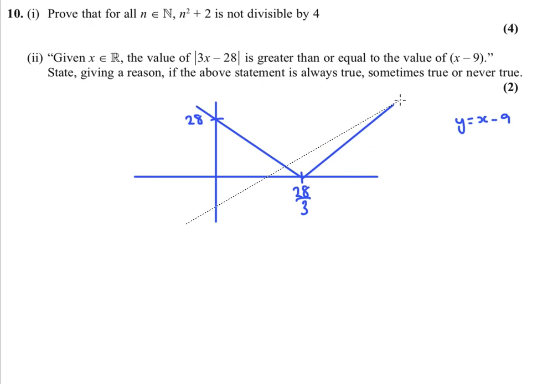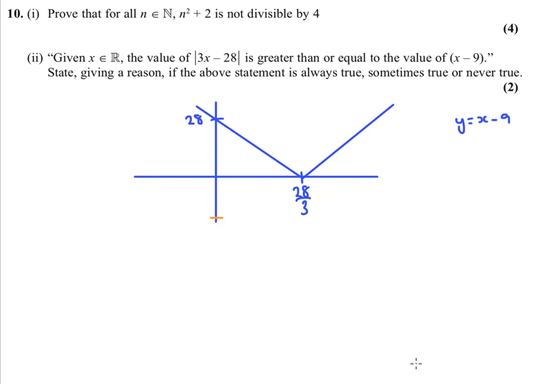So what we need to know is where this graph crosses the x-axis. That's going to be quite useful. So whether it's before the 28 over 3 or after the 28 over 3. Well, it's quite easy to work out. It's going to cross the x-axis at 9.